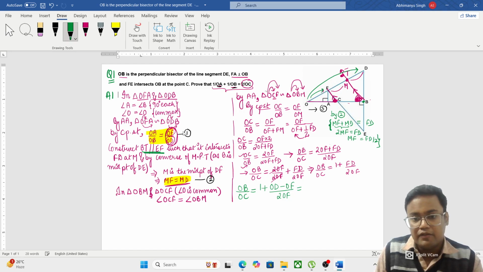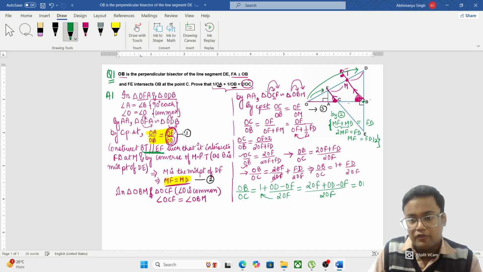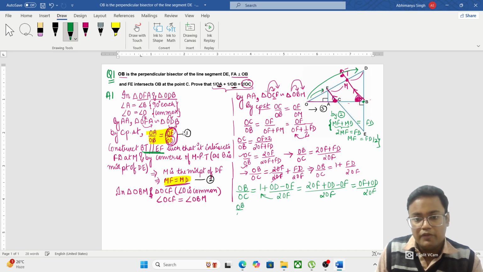So by taking the LCM and taking this denominator with 1, I will get twice of OF plus OD minus OF upon twice of OF. And further on solving, twice of OF minus OF will be 1 OF. So OF plus OD upon twice of OF. So OB upon OC is equal to 1 by 2.